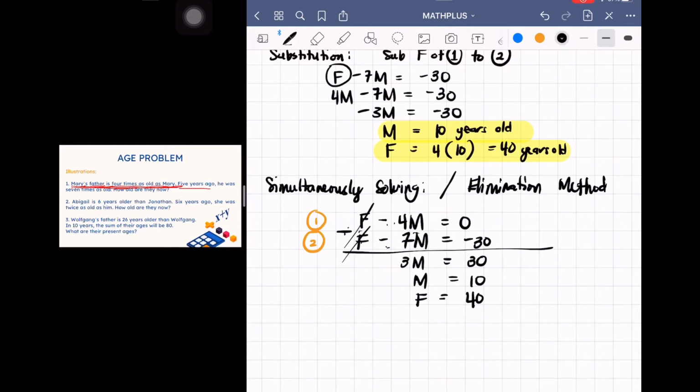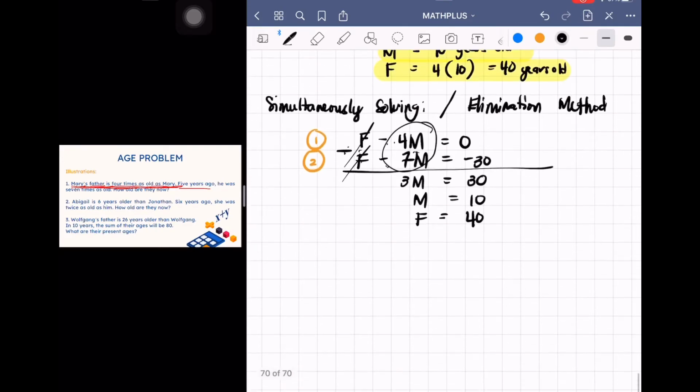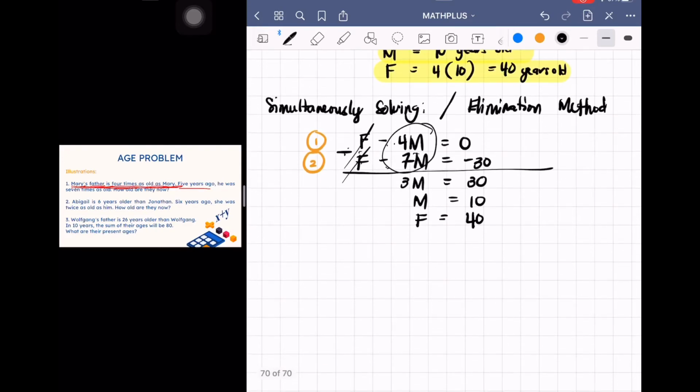What if the variables have different numerical coefficients? What if none of the variables have similar numerical coefficients? What are you going to do? So what you're going to do is, let's say for example, you want to eliminate m. Pagpaparehasan ngayon natin yung kanilang numerical coefficient. Paano natin gagawin yun?